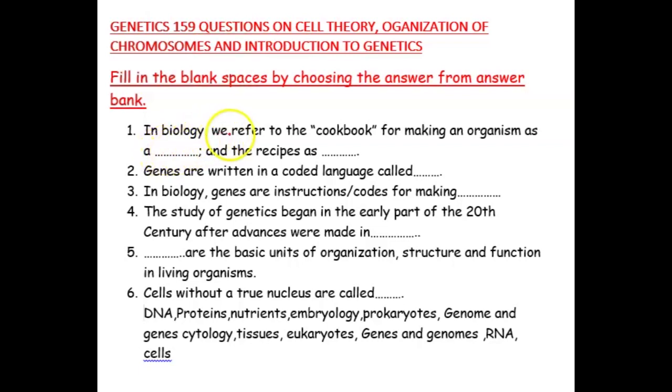From the first lecture we learned that the cookbook for making an organism is referred to as genome and the recipe as the gene. So this is the answer for number one. Let me write the answer there. Genome and the recipe as gene.